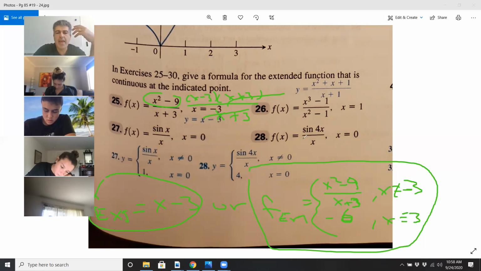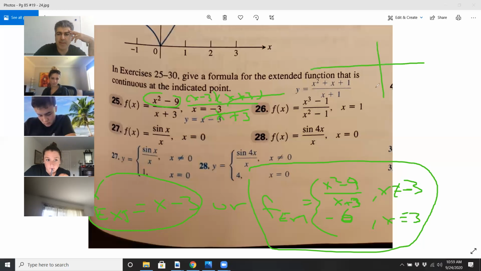My apologies. And then state what the y value would have been if you were to plug in negative 3 in the simplified form. Simplified form is x minus 3. If you plug in negative 3, you get negative 6. Or just write the simplified form, and that would be fine too. Because what's going to happen if you graph x minus 3, it looks like this.